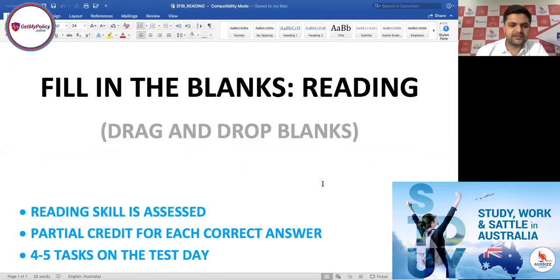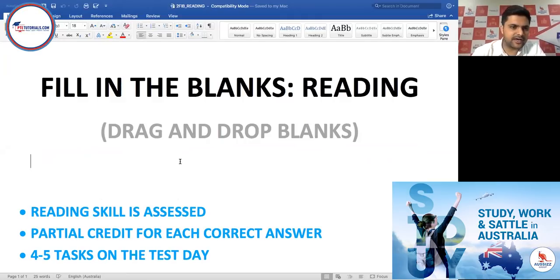Now, as you can see on your computer screen, fill in the blanks reading, drag and drop, is the fill in the blanks that assesses only your reading skill, which means that all the blanks that you solve correctly here, the score is contributed to your reading part. You get 4 to 5 questions or passages on the day of the test.